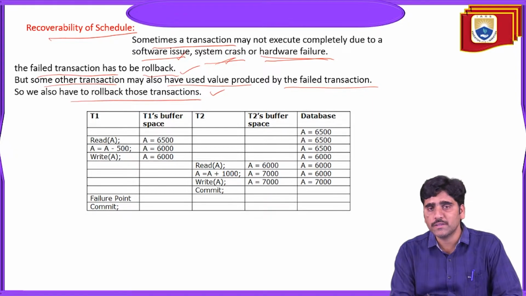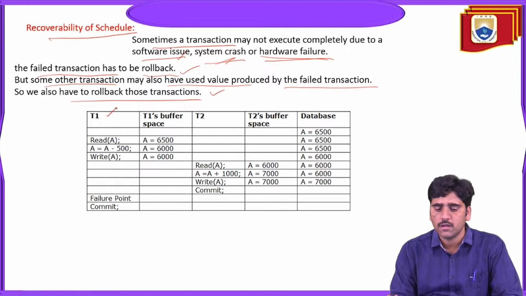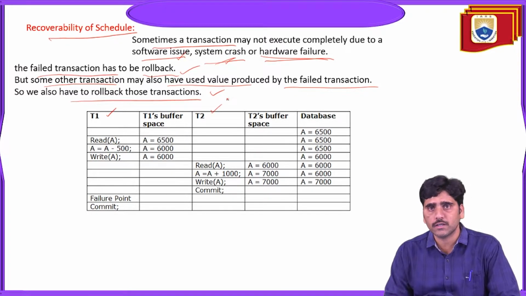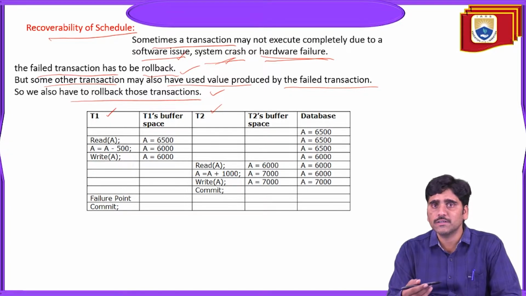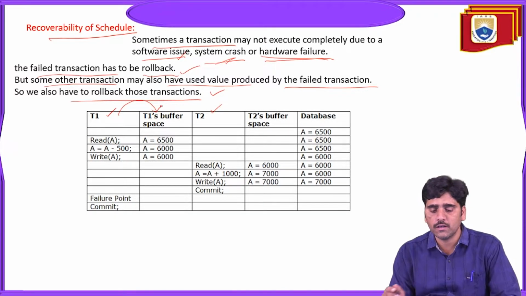From this diagram, we have to understand that there are two transactions: transaction 1 and transaction 2. When we are executing the transactions, the values are by default stored in the buffer space, and similarly for transaction 2.